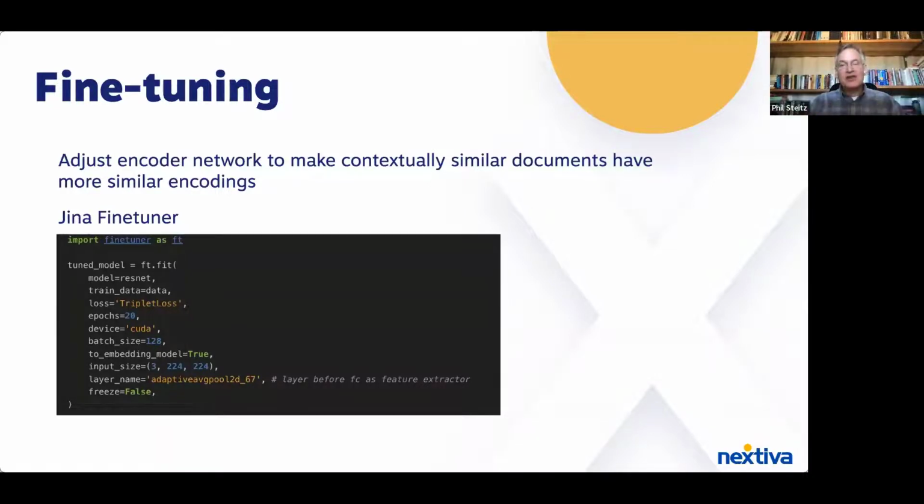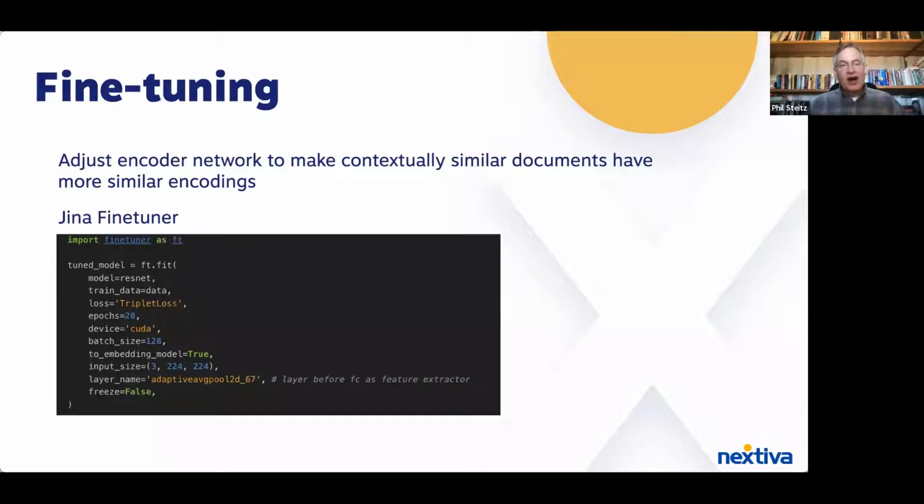In order to make things actually work better, what you typically want to do is tune your encoder so that contextually similar documents end up with more similar encodings. For those of you familiar with NLP and solving actual NLP problems with BERT, this should be completely natural, because that's what the fine tuning step does.